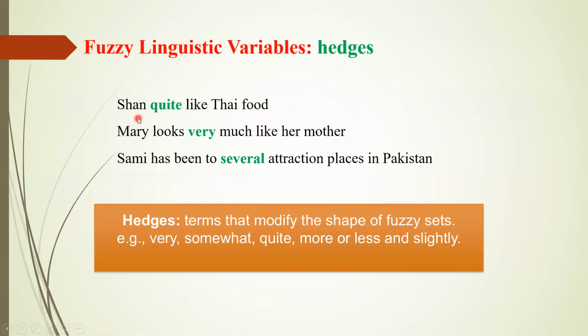Like, Sean quite likes Thai food. Mary looks very much like her mother. Sami has been to several attraction places in Pakistan. Here, quite, very, and several are known as hedges, and they are used to modify the shape of fuzzy sets.